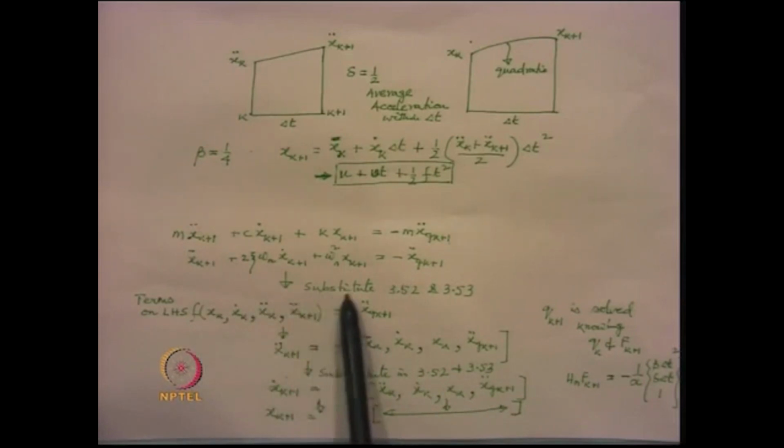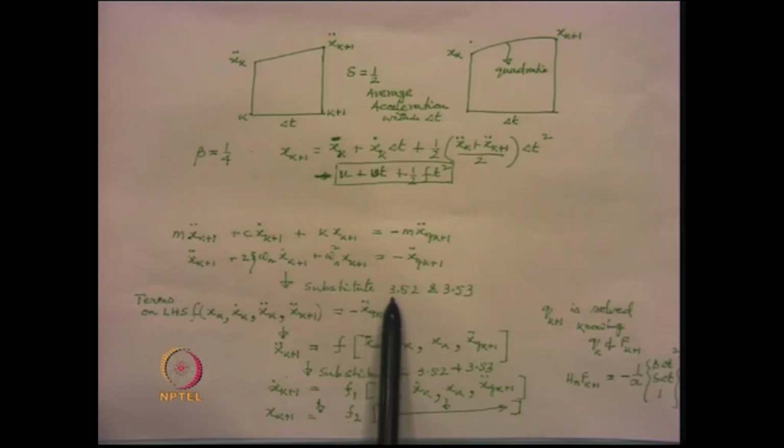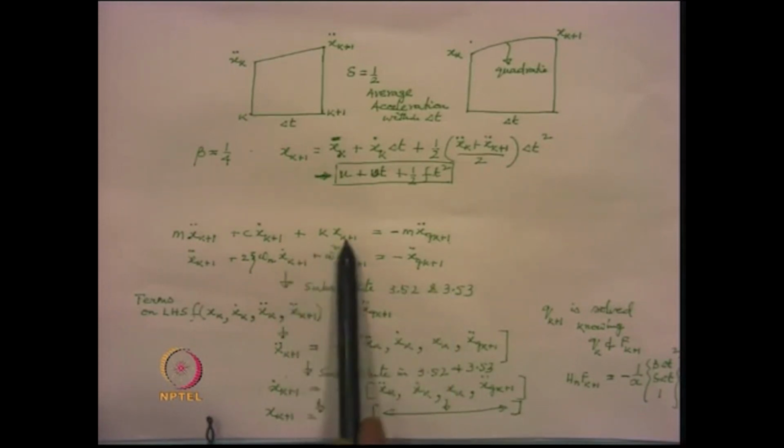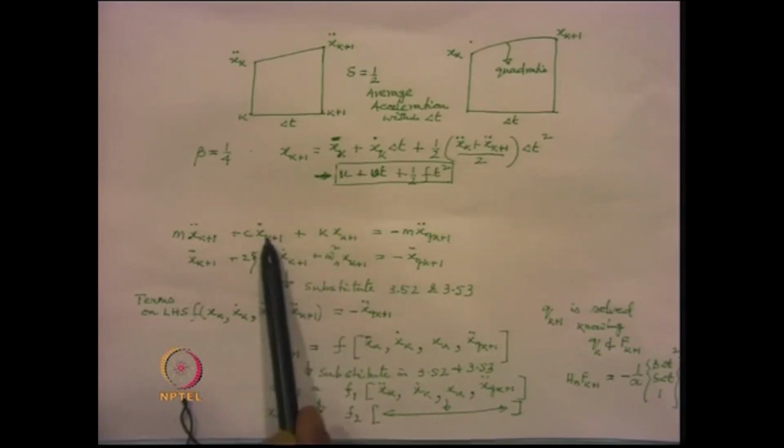Then what we do is substitute the two equations 3.52 and 3.53 in place of x k plus 1 and x dot k plus 1.